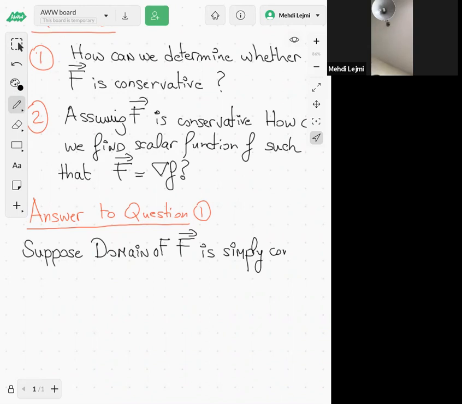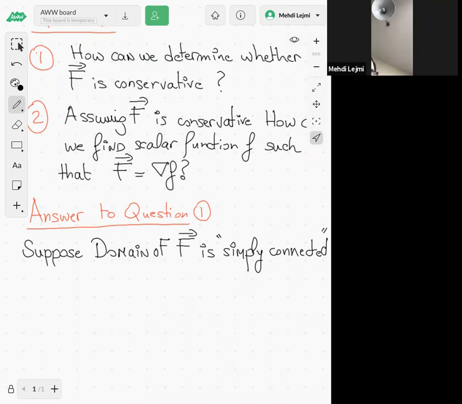Roughly speaking, simply connected means that the space is just one single piece with no hole, right? Either it's a region in the plane or in the space, either in R2 or R3.